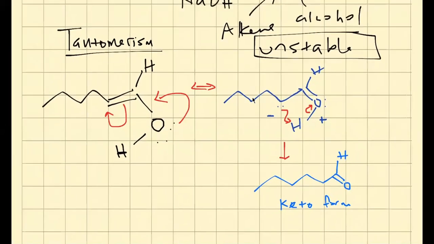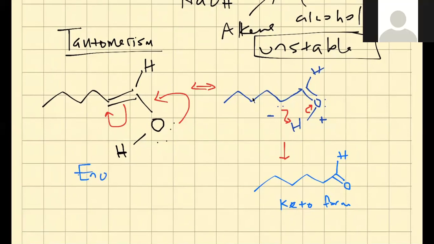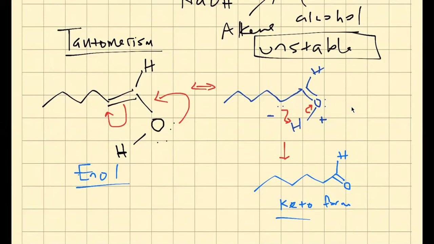Yes. Right, so this is again the enol. And then the other form is the keto form, the carbonyl form. So the two species, we call them tautomers of one another.